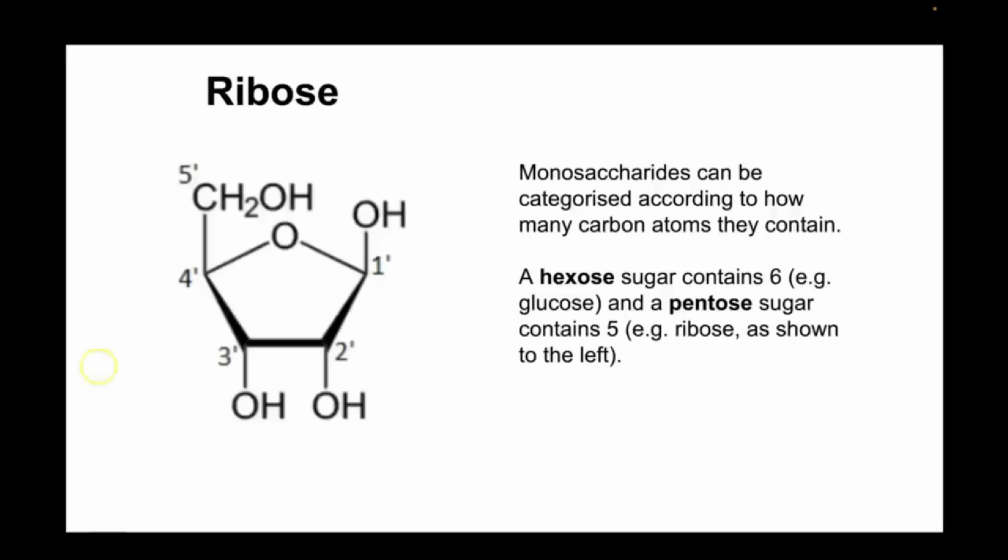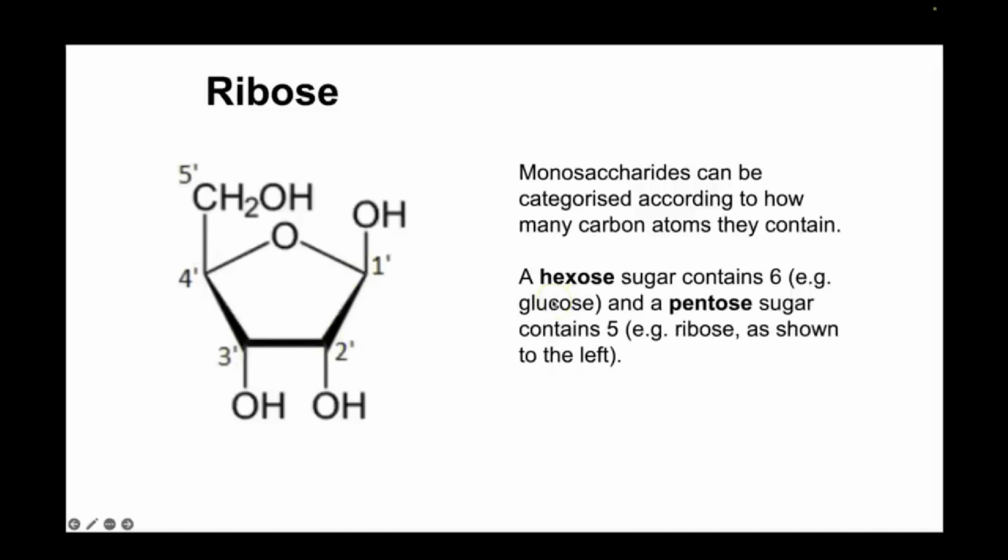Then we have the structure of ribose, one of the other monosaccharides you need to know. And monosaccharides can be categorized according to how many carbon atoms they contain. Now, ribose is classed as a pentose sugar because it contains 5 carbons. And we can see where we've got these numbers, that's indicating where the carbons are in the structure. So we've got carbon 1, 2, 3, 4 and 5.